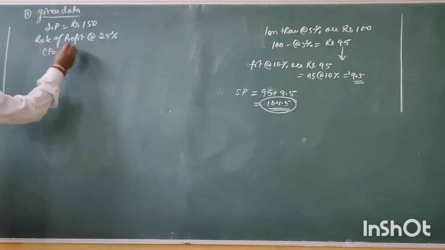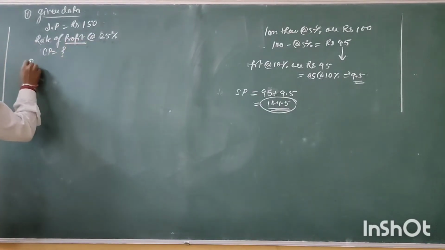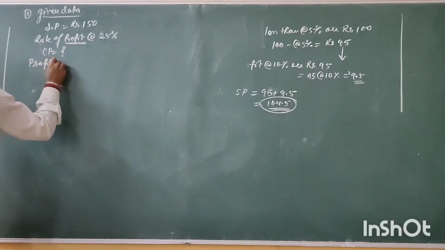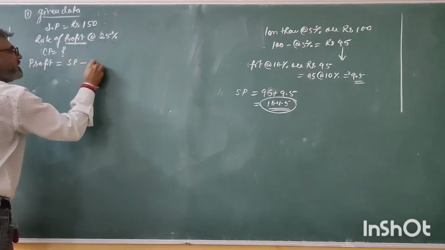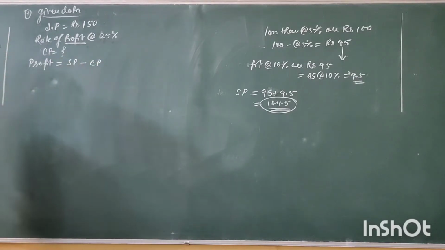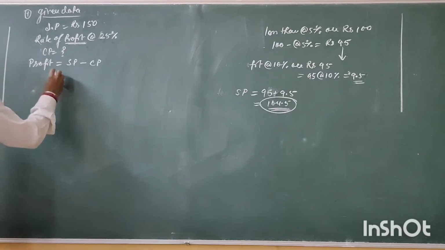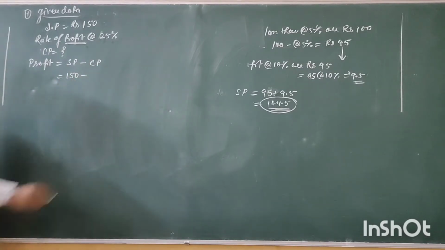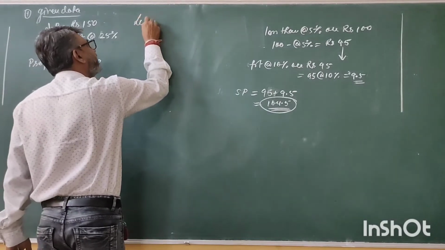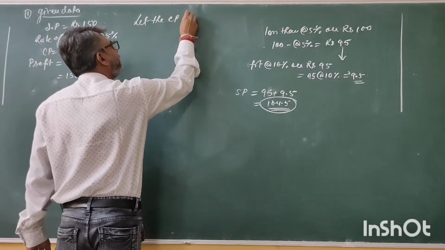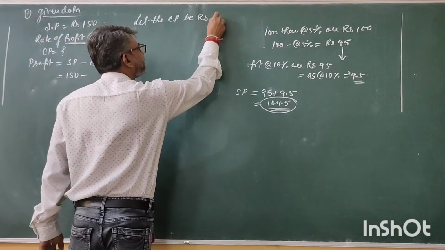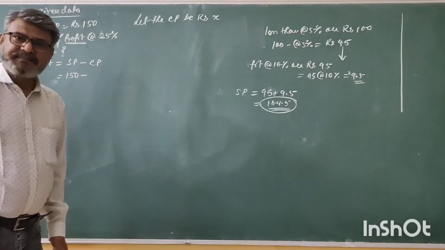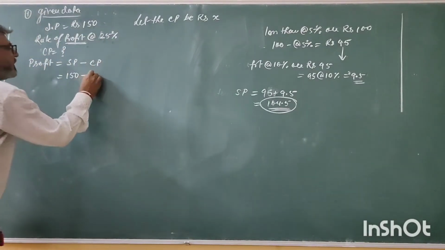Now, profit is equal to SP minus CP. Clear? In this question, SP is 150, but CP is not given. Understand? Therefore, let the CP be rupees X.